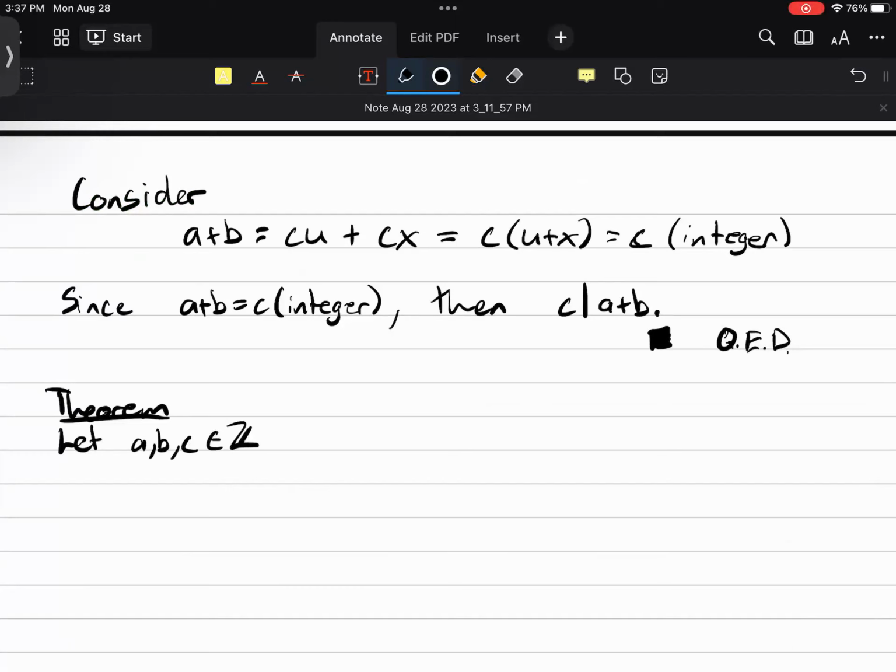Let's throw in a little bit of notation here. So let A, B, and C be elements, to be very particular, the elements of the integers, but really let them be integers.